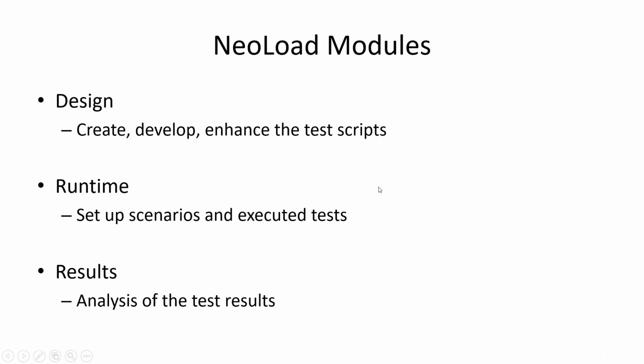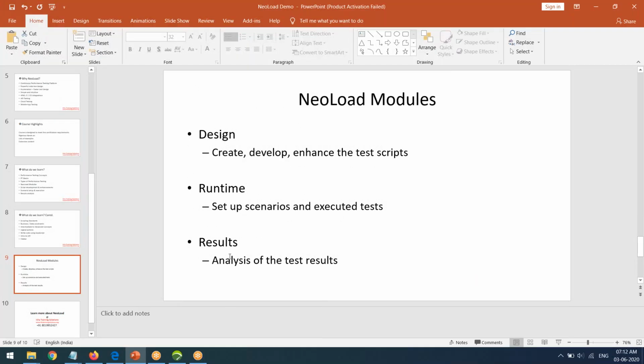To get started with the NeoLoad modules, there are three types of modules: design, runtime, and results. Design is involved with creating, developing, and enhancing the test scripts, and runtime is all about setting up the scenario and executing the tests.